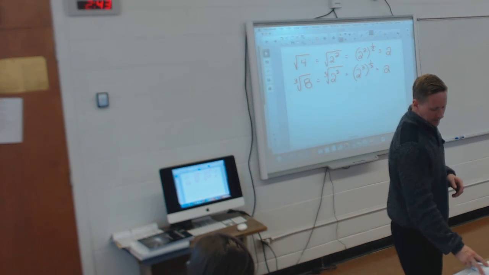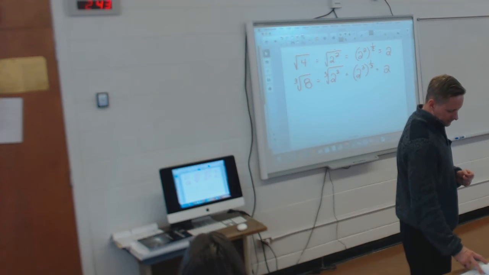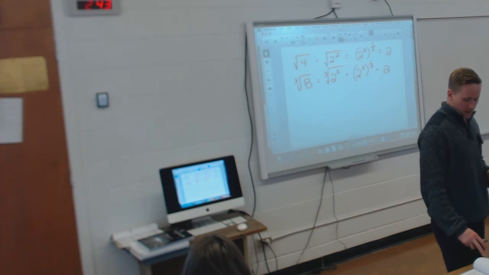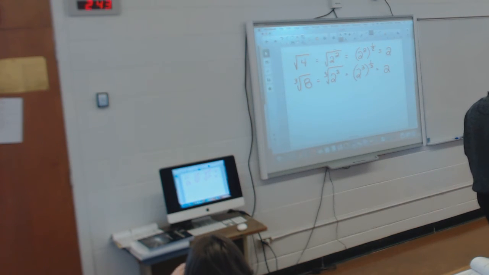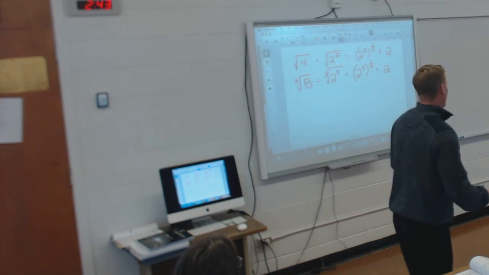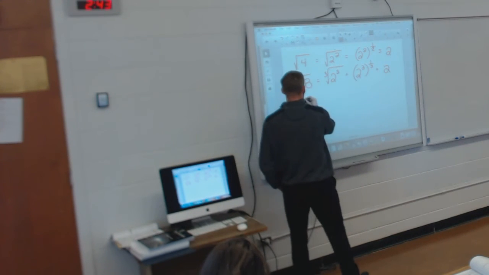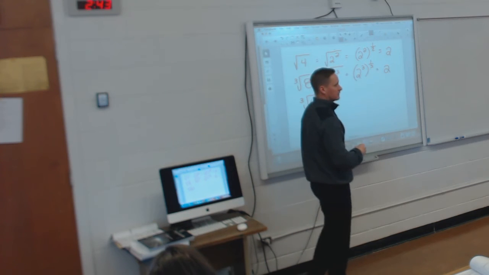Okay. Now, another thing that we do: they do allow you in this section to use your calculator a little bit. They want you to break it down, but they do let you use your calculator a little bit. So, does anybody know how to punch that into their calculator?